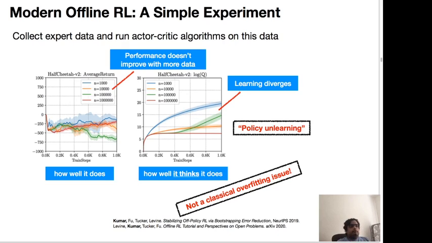We call this phenomenon policy unlearning, in the sense that you had an expert policy that generated the data, and even behavior cloning on the policy could have worked, but the policy performance that you obtain out of running RL on that data is super low. So in a sense, the RL algorithm has unlearned the policy, and hence the name.